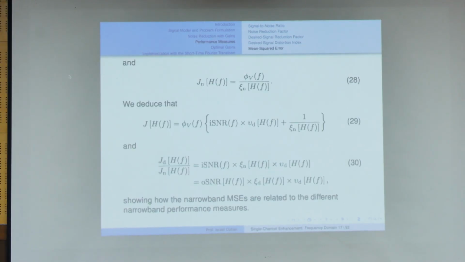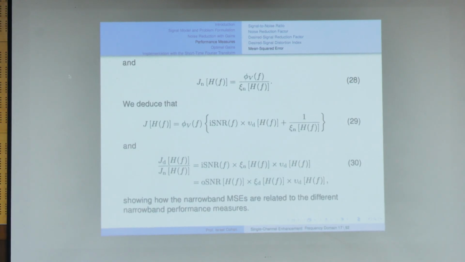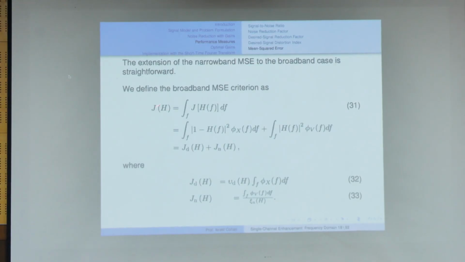This is the narrowband MSE, just like we said, this is the definition. And we can also have the broadband MSE, which is simply the integral. Here. This is the broadband MSE.